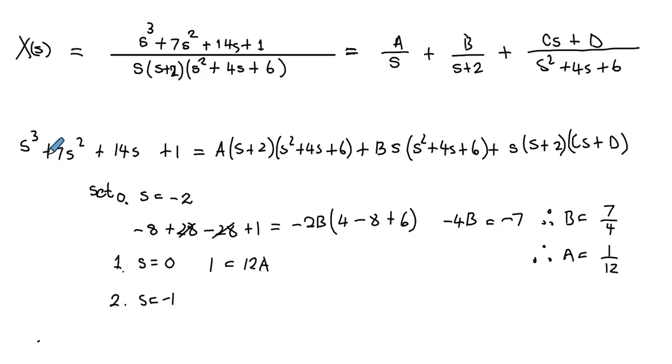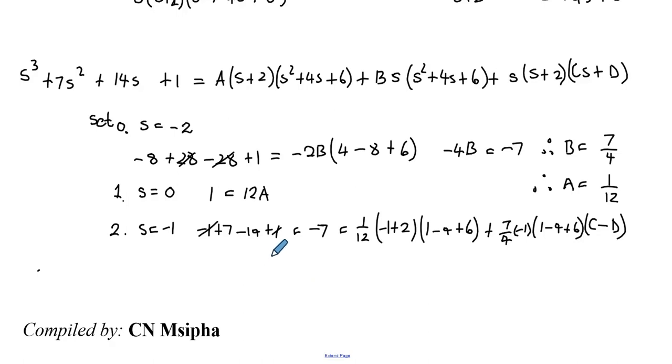Then on the left hand side here, if we take s equal to minus 1, we are going to get minus 7. On the right hand side, if we take minus 1, note that now we've got the values of a and b. Then we have to substitute a by 1 over 12. I arrived at c minus d equals minus 5 over 2.